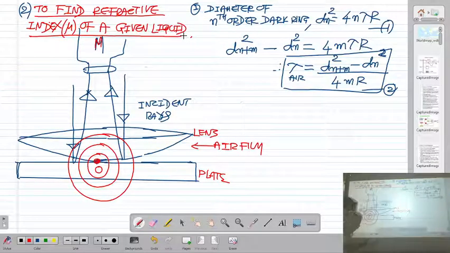So this is the second application that we want to discuss, to find the refractive index mu of a given liquid.